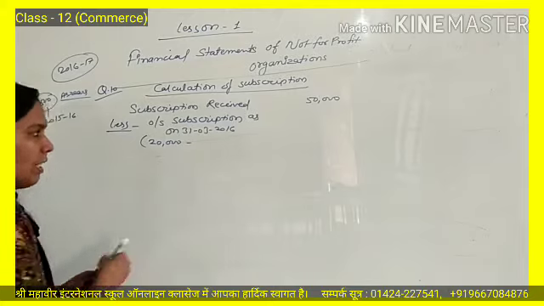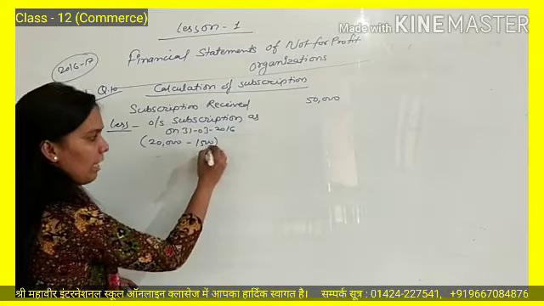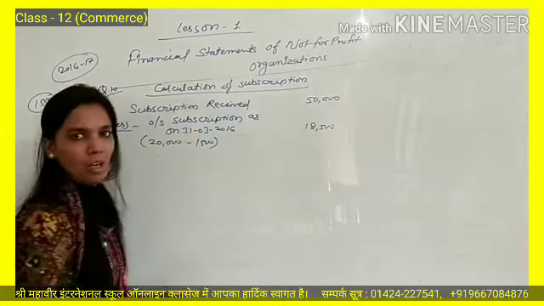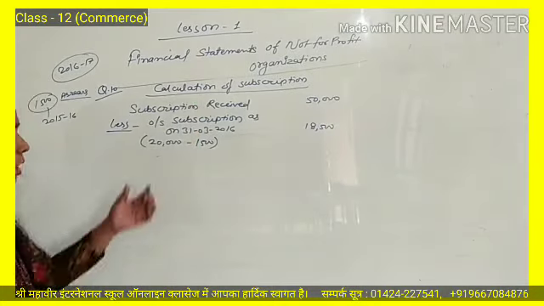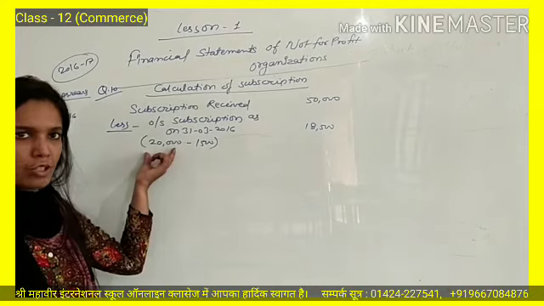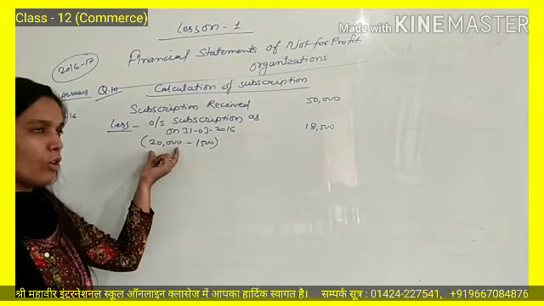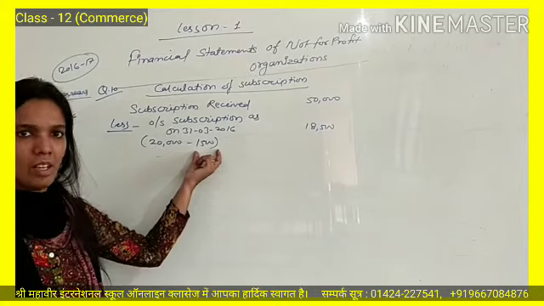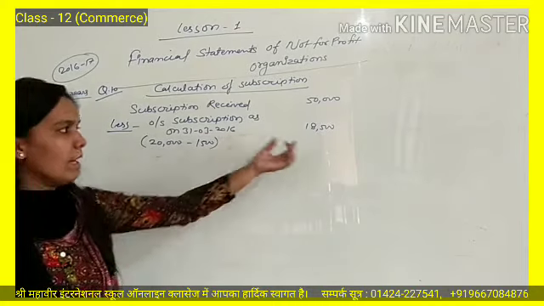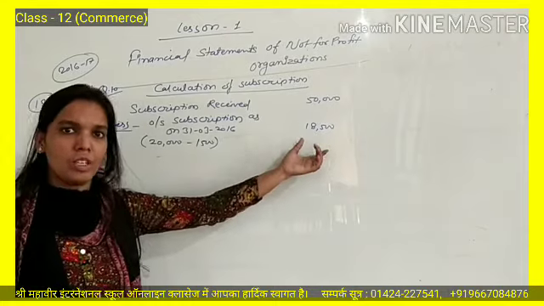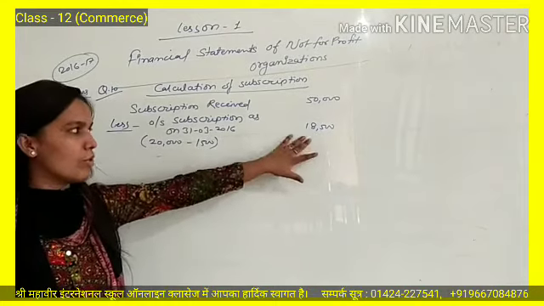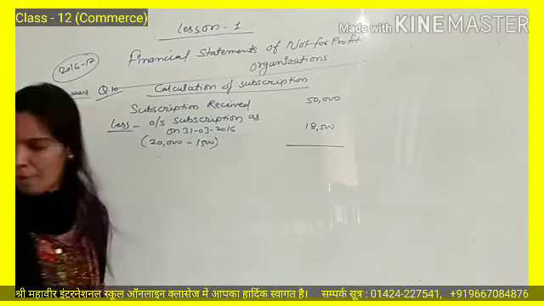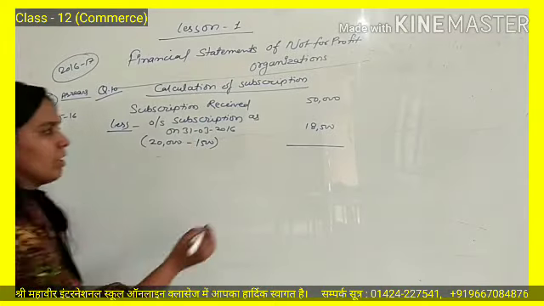So you can say that 18,500 rupees is included in this 50,000. How? 20,000 rupees was the total outstanding of the last year, but out of the total 20,000, 1500 is still in arrear. It means you actually received 18,500 subscription in the current year. So this 18,500 will be deducted from 50,000. So your amount will be 31,500.